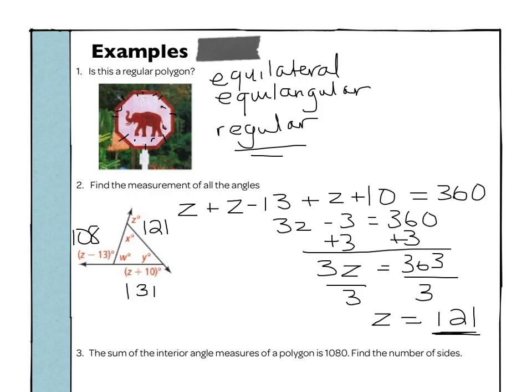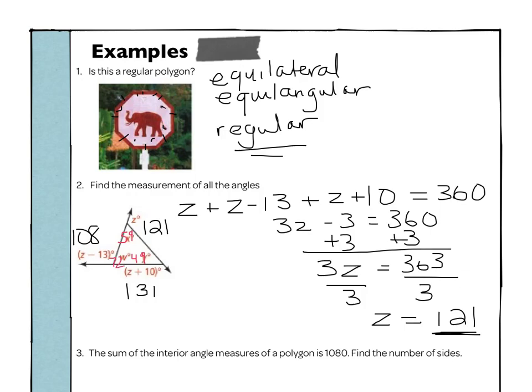That is not true. 59. Sorry. 131, taking 180 and subtracting 131 from that, you should get 49. And then 108, what do you have to add to it to get 180? That should be 72.